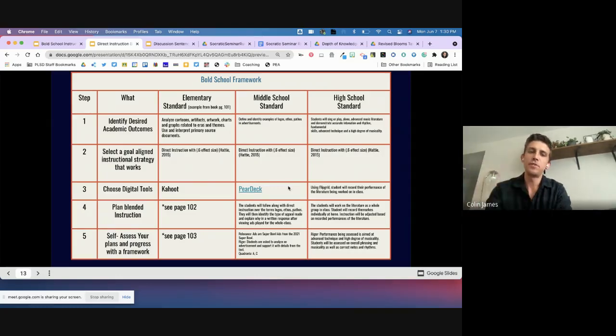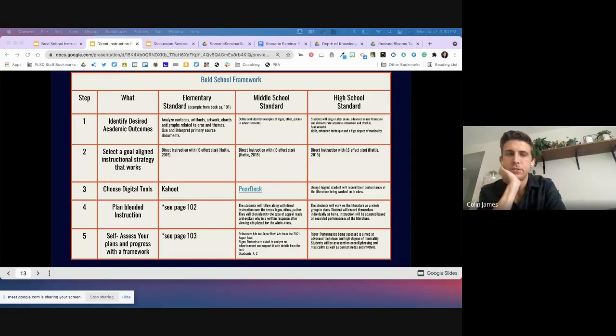For future reference, when I do this, I could maybe find three Super Bowl ads from that Super Bowl, since we do this in the spring after the Super Bowl takes place. So that could be something to make it more relevant for them. But yeah, that was the middle school breakdown for the Bold School framework.